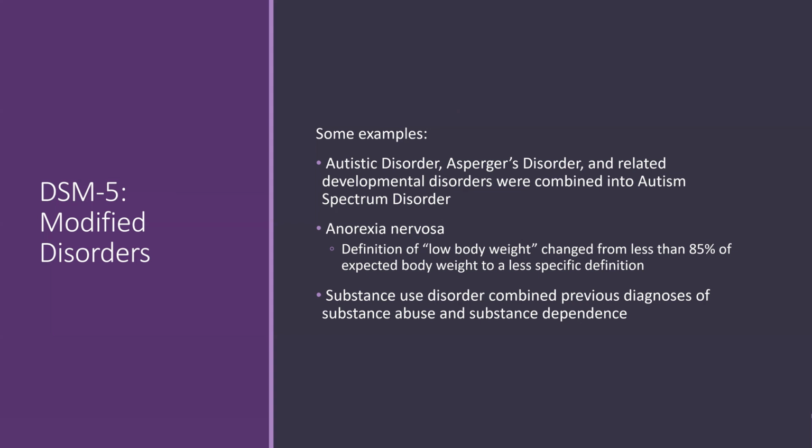It's characterized by patterns of starvation and intentionally trying to lose weight, but they took out the requirement of low body weight. Another notable modification is that they combined substance abuse and substance dependence into one diagnosis called substance use disorder.